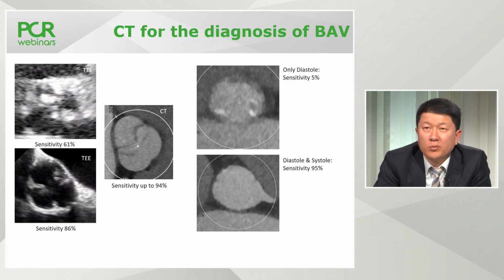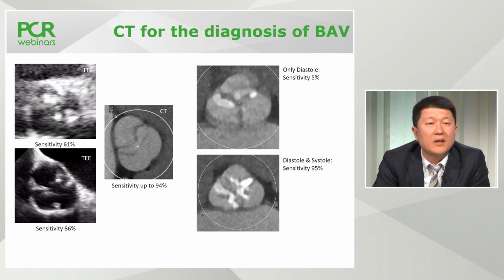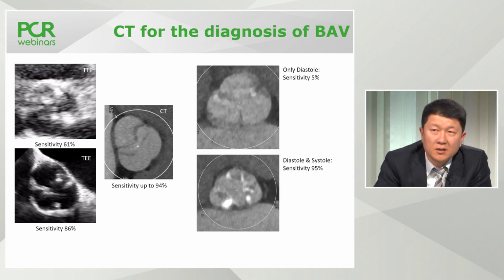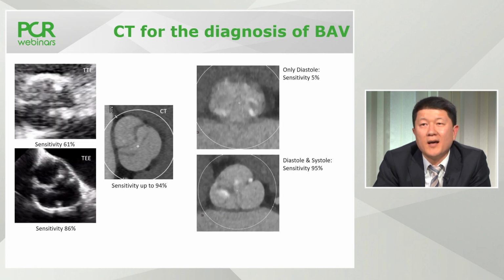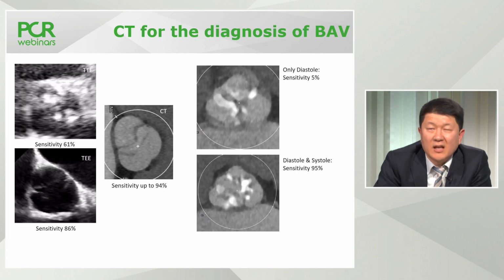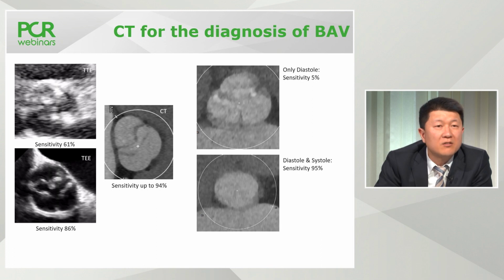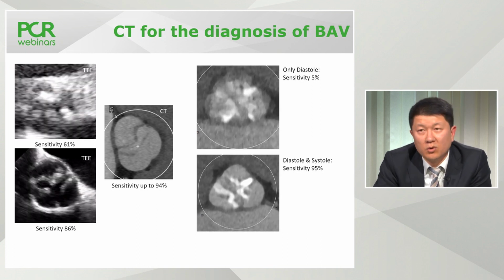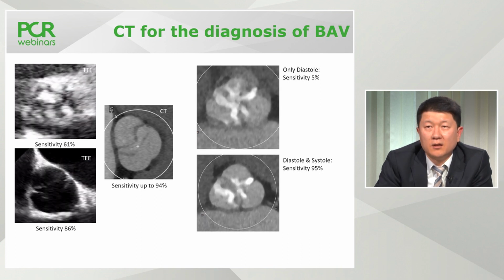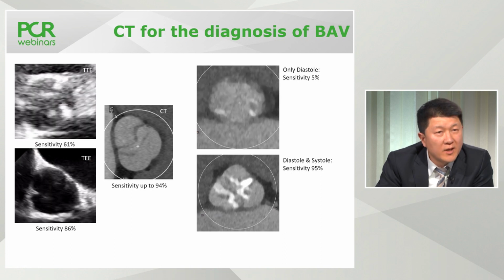And of course, we all know that sensitivity of transthoracic echo is limited due to the lower resolution. TEE is better in its sensitivity, but this applies especially for patients which have been examined in studies and with lower amounts of calcification. If you look at contemporary TAVI populations, you will have elderly patients with much more calcification.